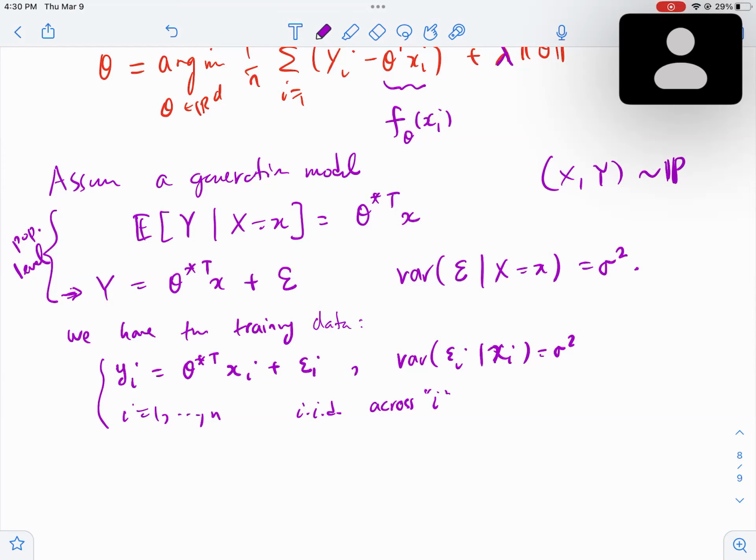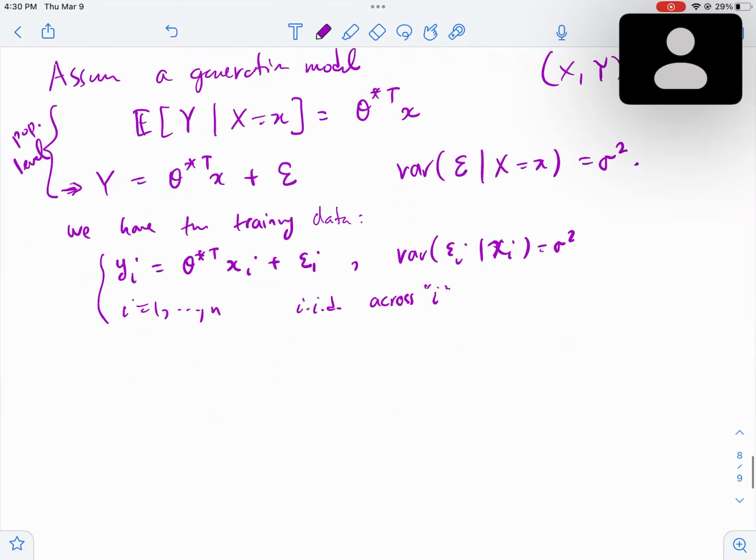And at this point, I'm going to use the vector form, as you usually work with if you've seen 100C. So x1 transpose up to xn transpose here, and I put theta star here. That's still the same.